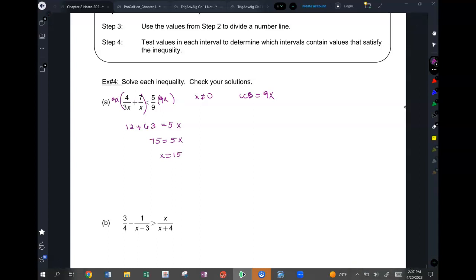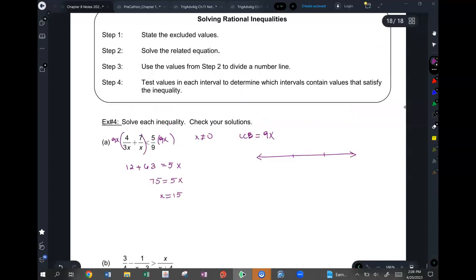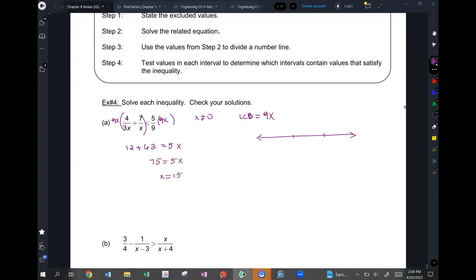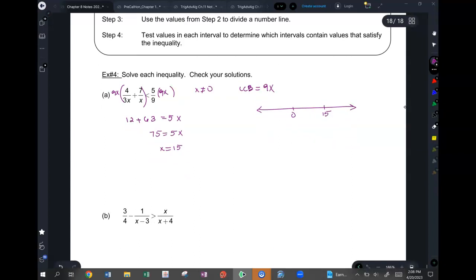Okay? We're good? Now, we're going to make ourselves a number line. On this number line, we're not only going to put the 15, but we're also going to put the 0 because that's a restriction. Now here's what you're going to do. Do you see the inequality that we had, 4 over 3x plus 7 over x?